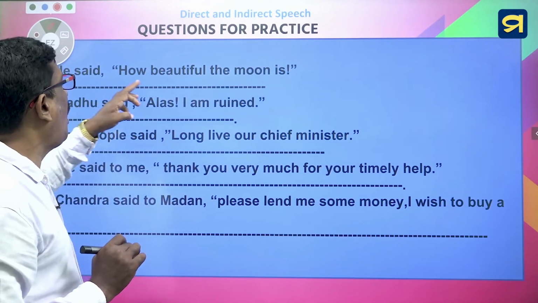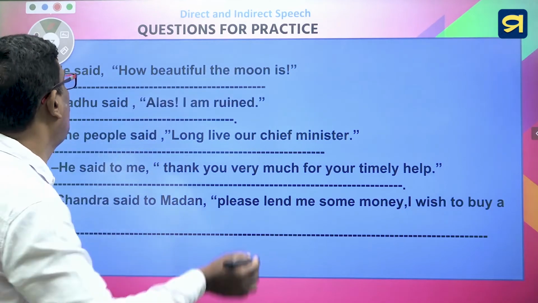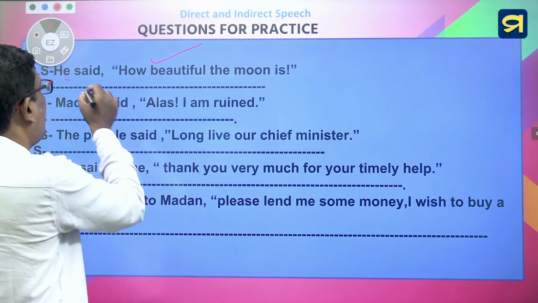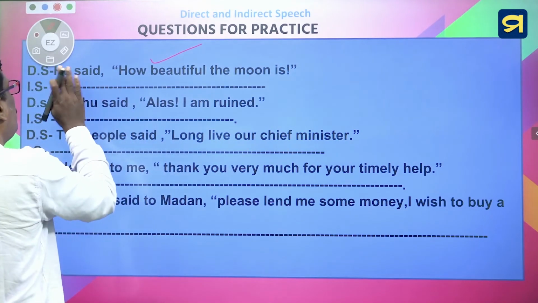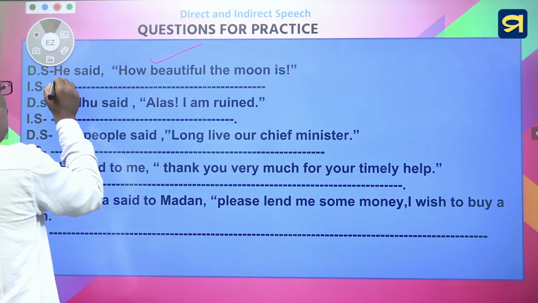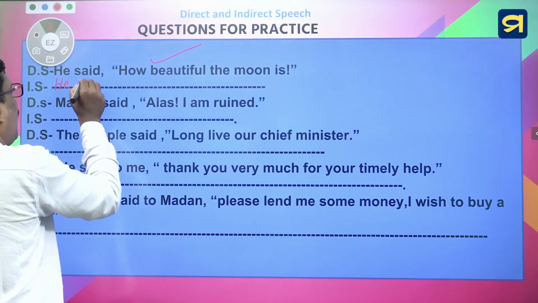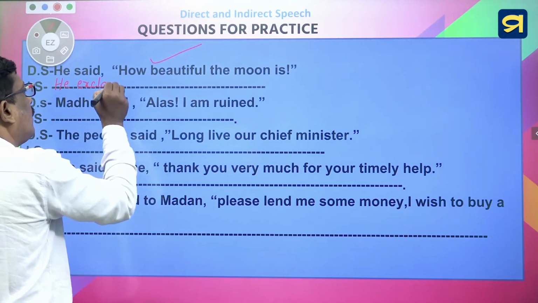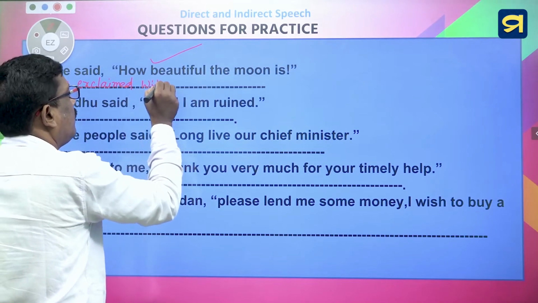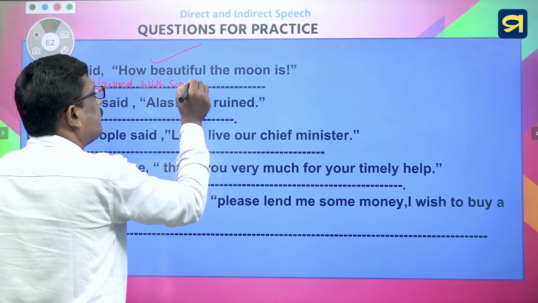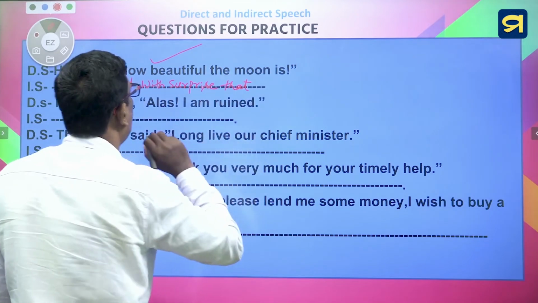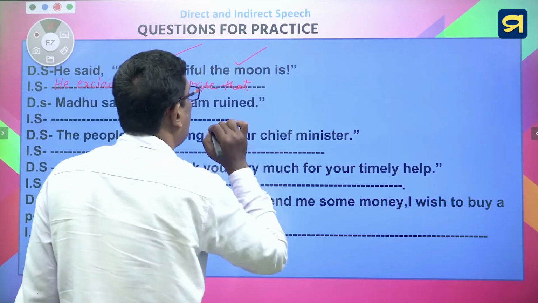He said, "How beautiful the moon is!" You see, here is an exclamatory sentence. When it is an exclamatory sentence, how will you use it? He exclaimed with surprise that, you see, and here the moon is the subject.